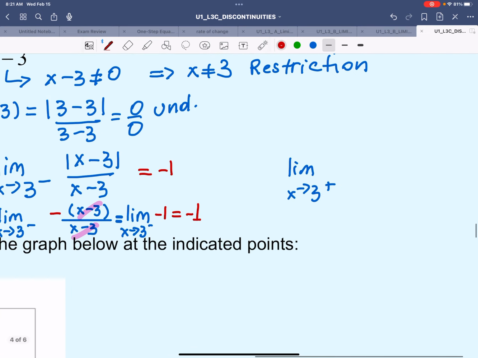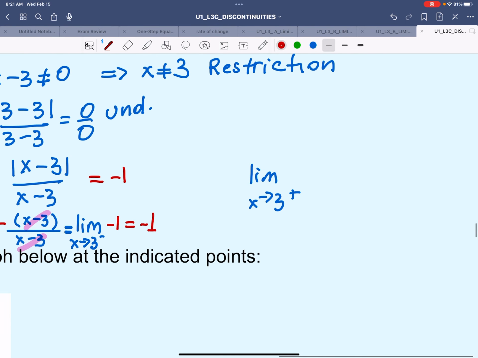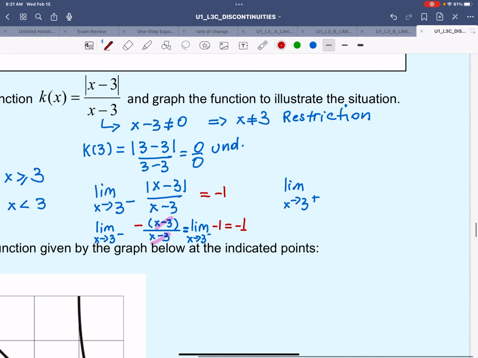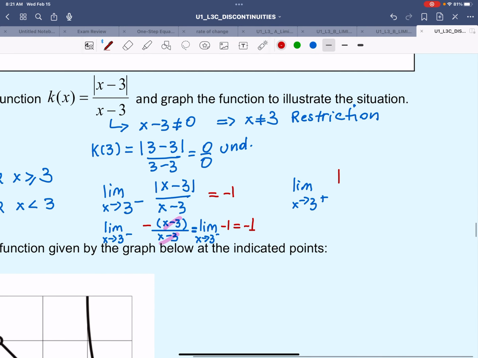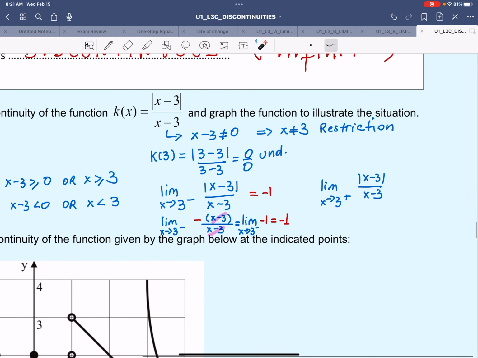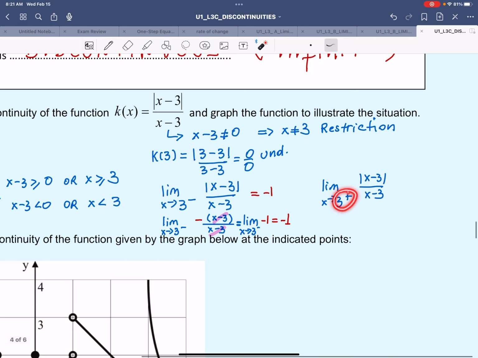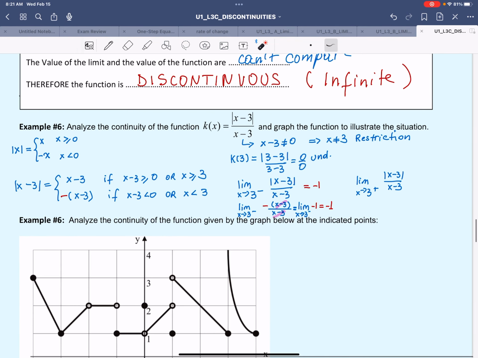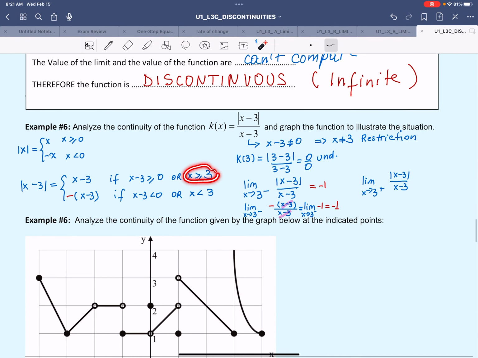Now let's take a look at the right-hand limit. For the right-hand limit, again, we're going to write the equation of the function: absolute value of x minus 3 divided by x minus 3. Now, when x approaches 3 from the right-hand side, remember we need to remove the absolute value, otherwise we cannot estimate the limit. So when x approaches 3 from the right-hand side, the piece of the function that we're using here would be x minus 3.